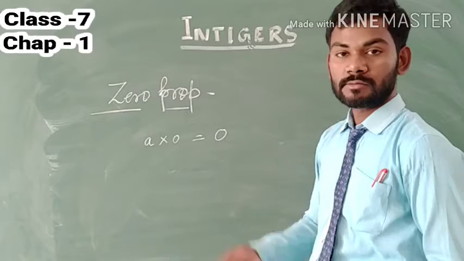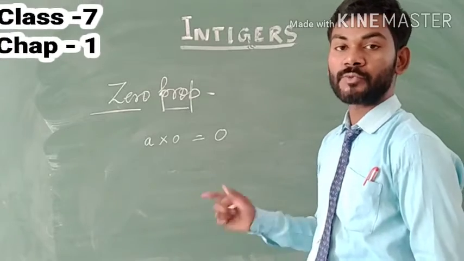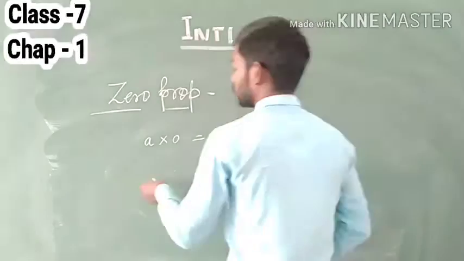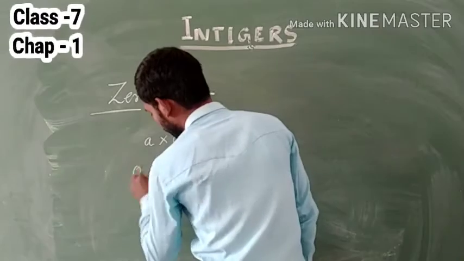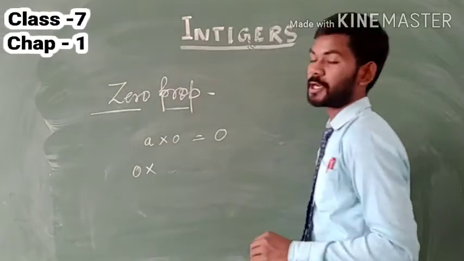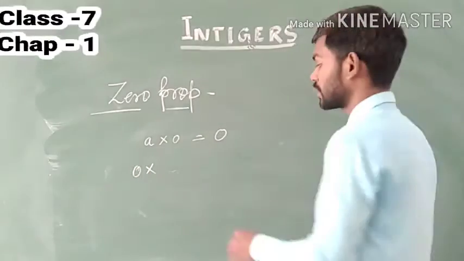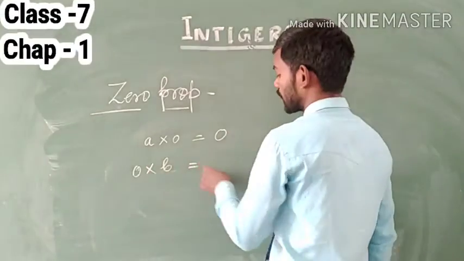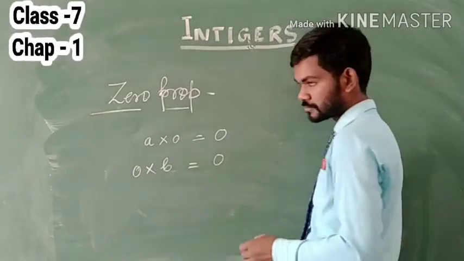As you know that multiplication of integers also satisfies the commutative property, it is obvious that whenever 0 is multiplied by any non-zero integer, suppose b is any integer, then we again get 0.